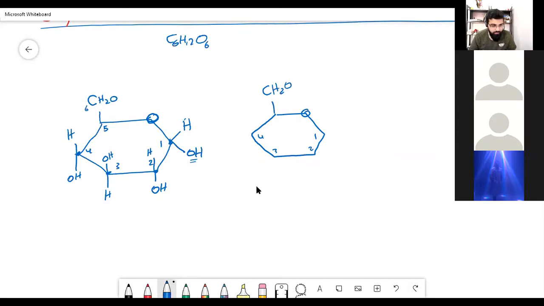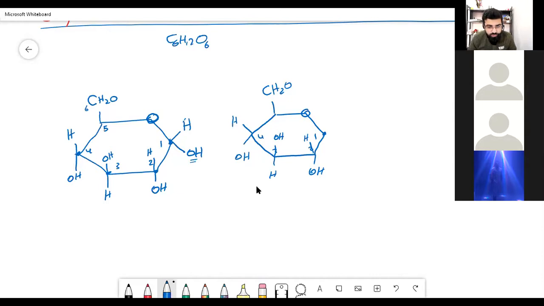Here same, OH, look, same, no difference till now. OH, H, OH, H, same. The difference is actually here in carbon number 1.